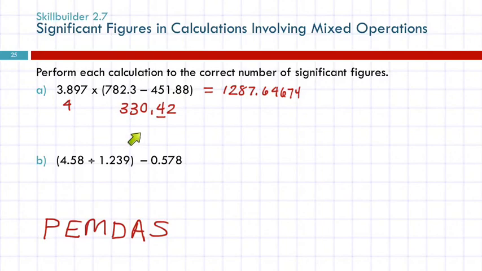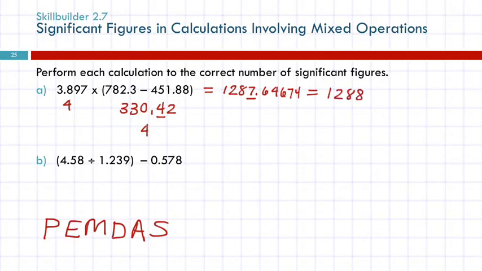And in this number, we underlined the last significant figure so that we can count sig figs. So 1, 2, 3, 4. If we were done there, we would have dropped the 2. This number has 4 significant figures because of where it came from. So they both have 4, so my answer should have 4. So the 1, the 2, the 8, and the 7, there's 4 significant figures. So then I say that rounds to 1288.